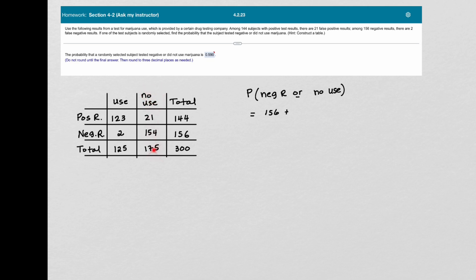So no use, that's a total of 175. But we counted some of those people twice, and that's why we have to subtract. So how many people had a negative result and did not use? That was 154. We've counted those twice. So we need to subtract that once.